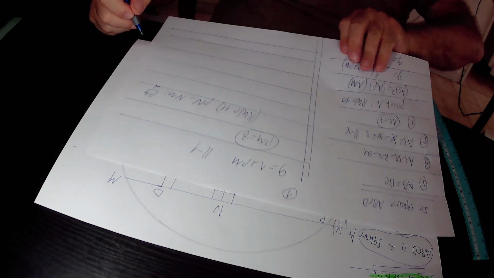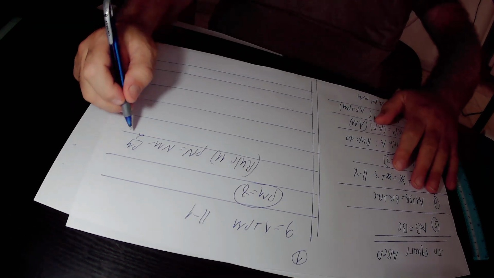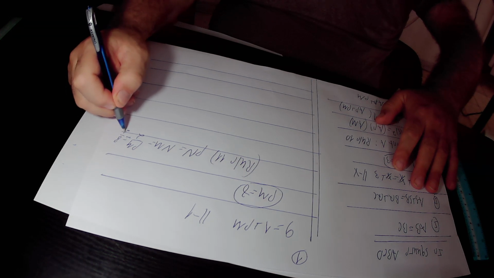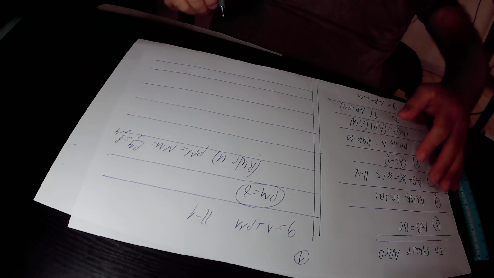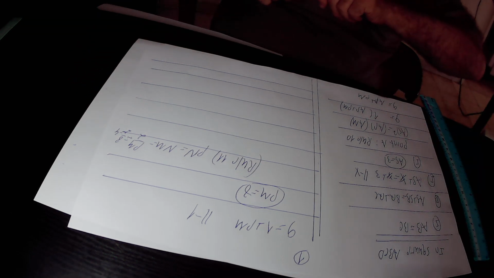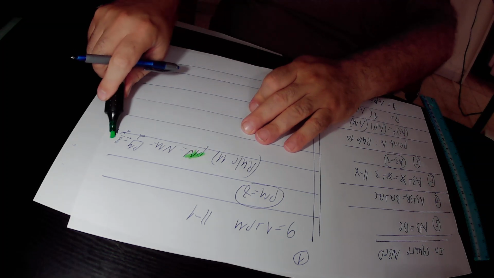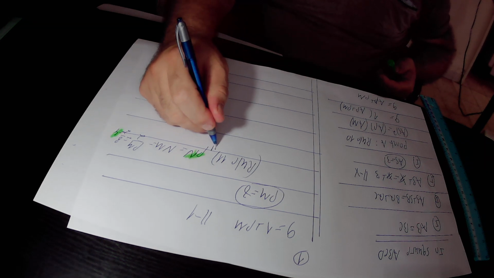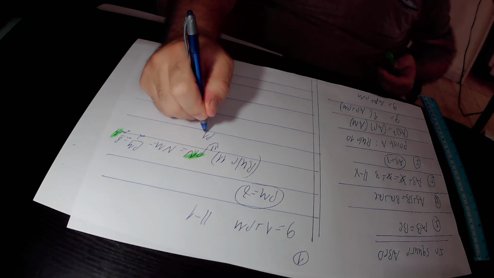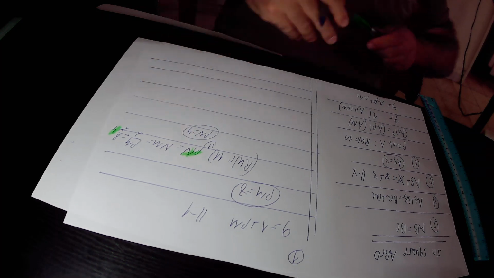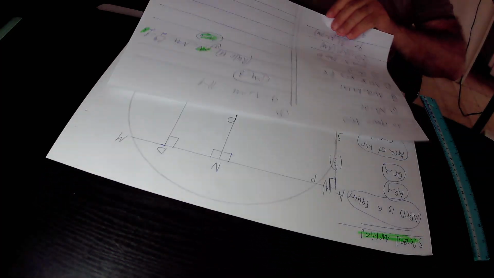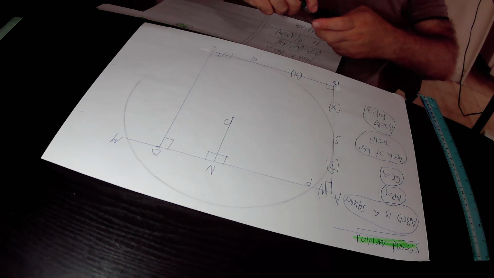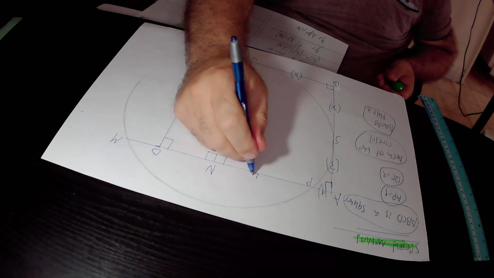So according to rule 11, we have found that PN equals NM equals PM over 2. PM is 8, therefore PM over 2 is 8 over 2, that is 4. So from this long equation, we derive that PN equals 4. That is to say, the length of this line segment PN is equal to 4 units. So I write it down, PN equals 4.